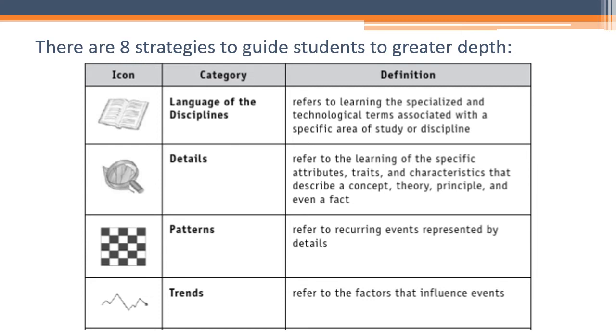When you look for certain patterns, certain recurrences inside the topic, the content you are studying, you're bringing greater depth in your area. For example, in our example for gifted learners, when we use the patterns strategy to go to greater depth, we might ask, what do all gifted learners have in common?